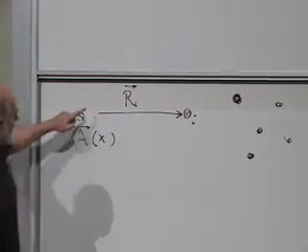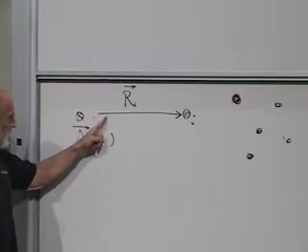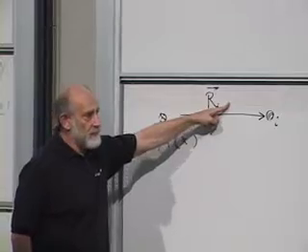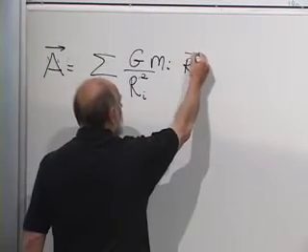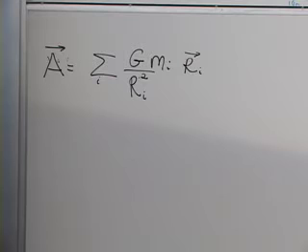What's wrong is I have to remind myself what direction the acceleration is. And it's along the direction r sub i. So the way to deal with that is to put another r vector here, but then we have too many r's in the numerator. We have to put another one in the denominator.